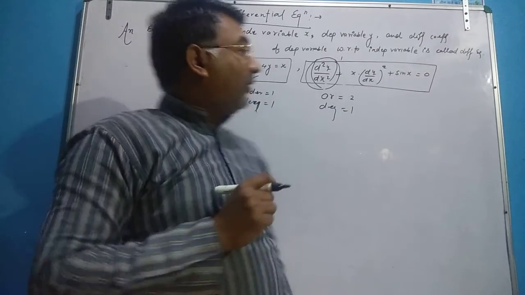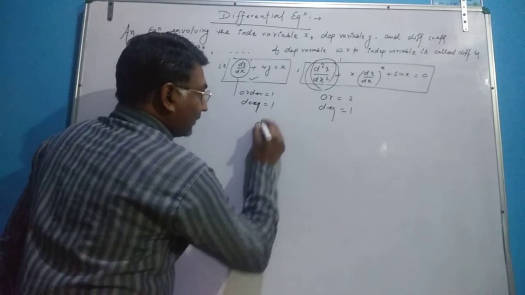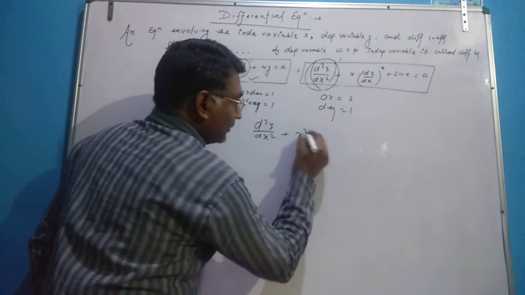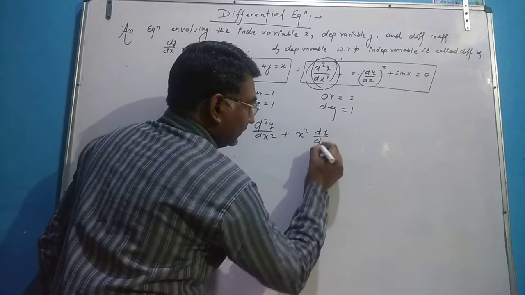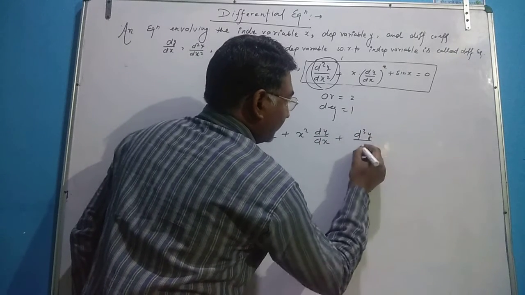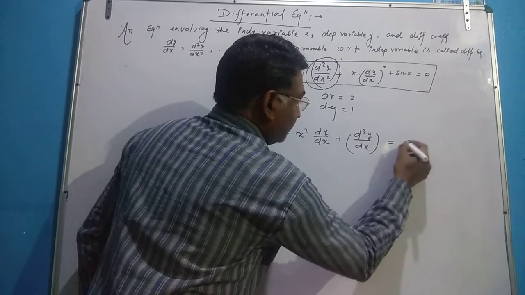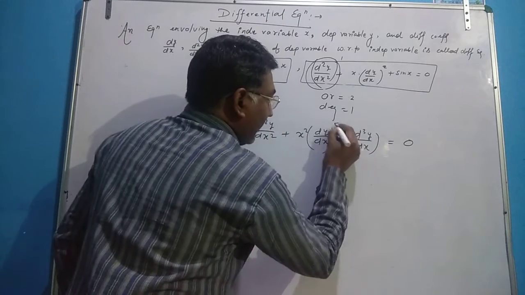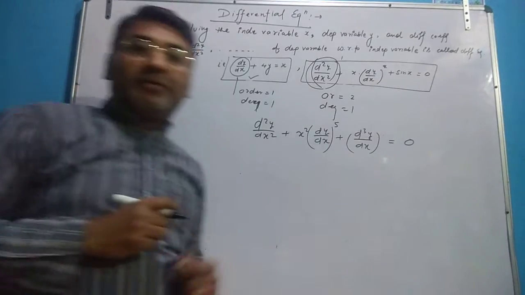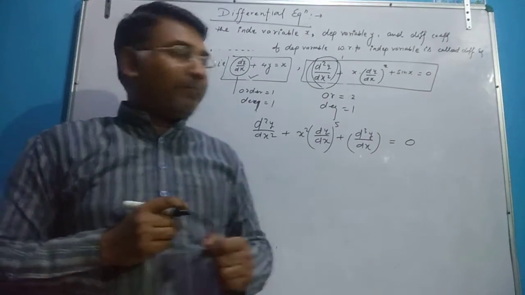Okay, another form. Let us discuss d2y by dx square plus x square dy by dx plus d3y by dx cube, and that is raised to the power 5, equal to 0. So what is the order and degree of this differential equation? This is the most important point.